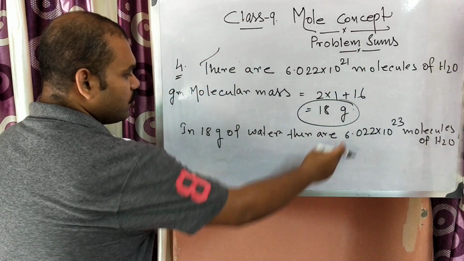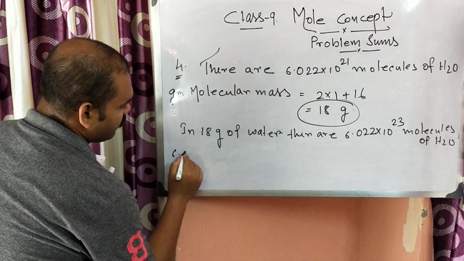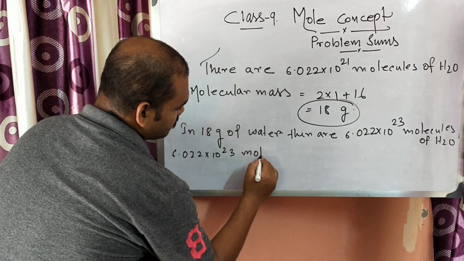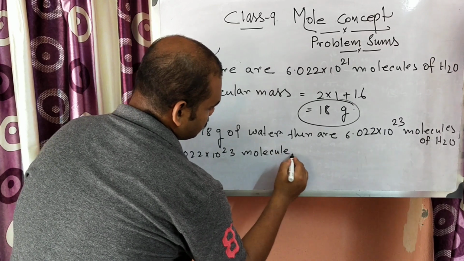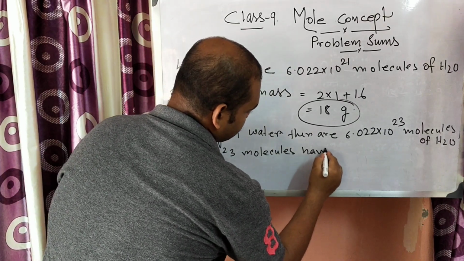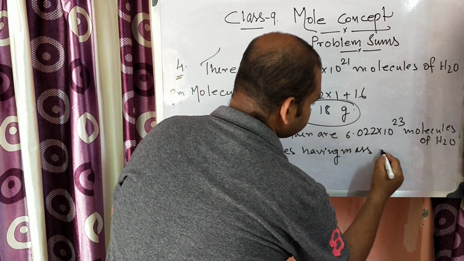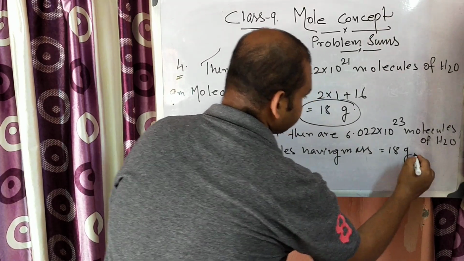So we can write 6.022 into 10 to the power 23 molecules having a mass of how many gram? 18 gram.